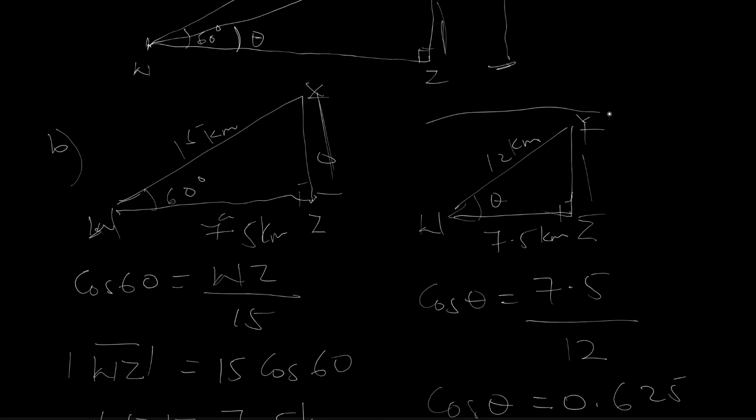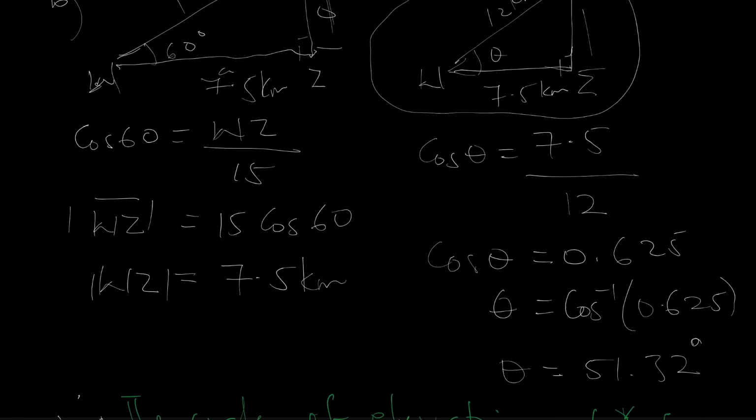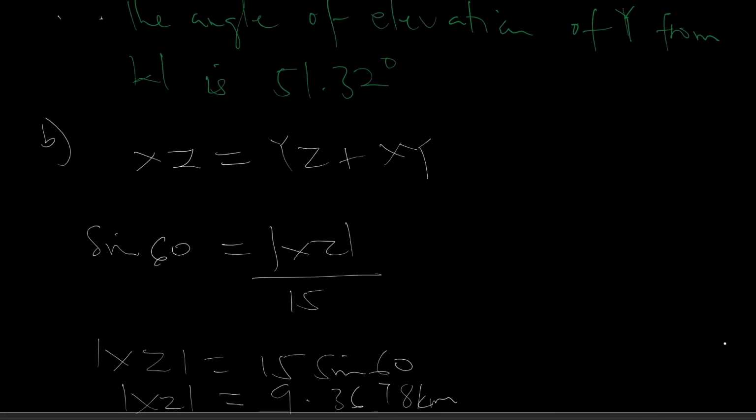Now we can do the same thing for this smaller triangle. We can find YZ using trigonometry. So for that one, we have sine 51.32 is equal to YZ over 12.